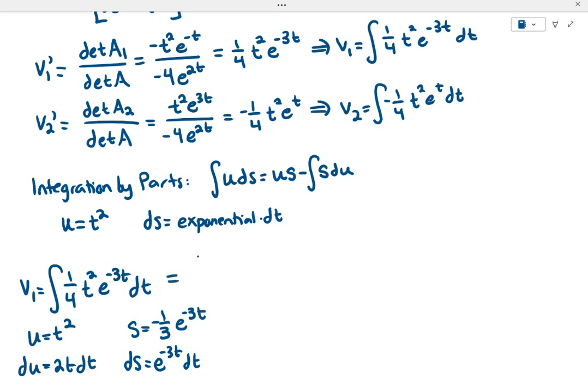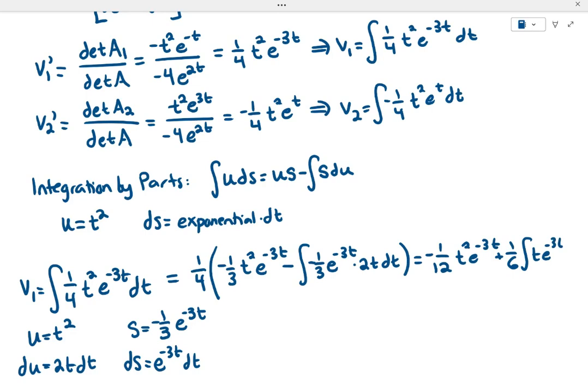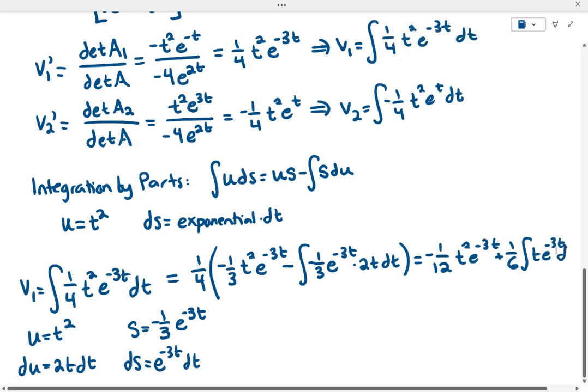So I get 1/4, open parentheses, negative 1/3 t squared e to the negative 3t minus the integral of negative 1/3 e to the negative 3t times 2t dt, which equals negative 1/12 t squared e to the negative 3t plus 1/6 of the integral of t e to the negative 3t dt.